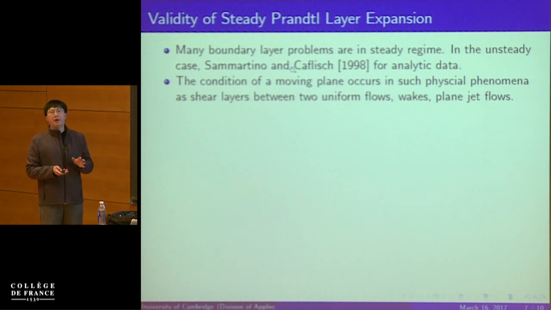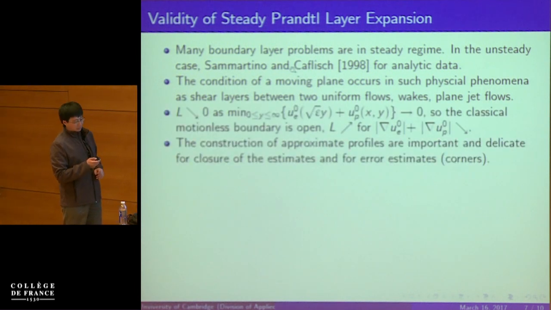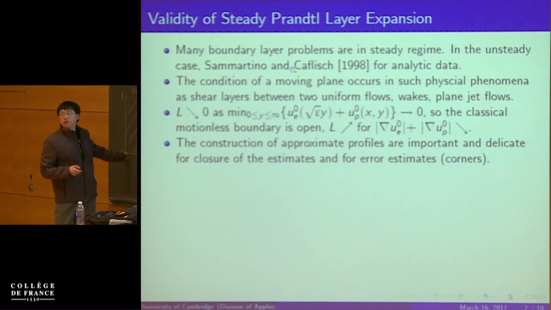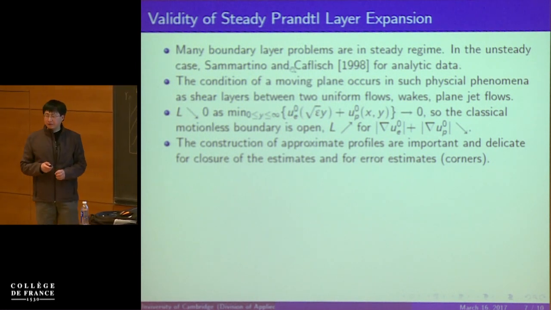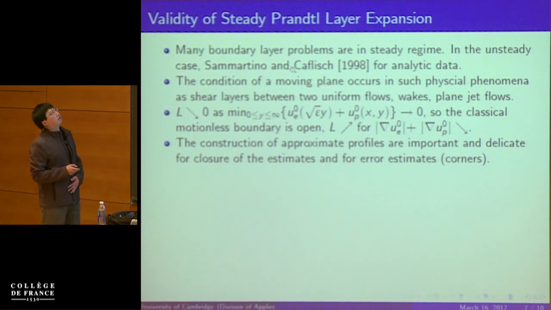It's at least debatable. So you can view this as a moving Navier-Stokes flow. And then in our estimate, unfortunately, this L will shrink to 0 if the velocity is shrinking to 0. So as for now, the classical case, the motionless case, is still out of reach for our theory.